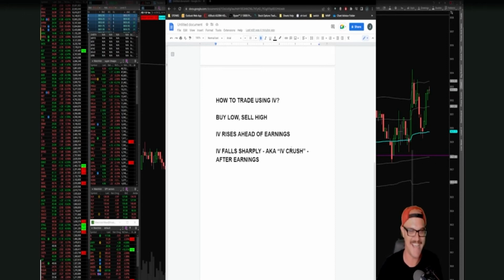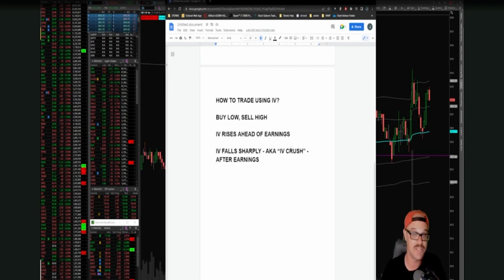Buy low, sell high. Now, when it comes to implied volatility crush after a stock reports earnings, there's a couple caveats. Suppose you buy a slightly out of the money call option on a stock ahead of earnings. You're paying a high premium because anticipation is at its highest right before the stock reports.